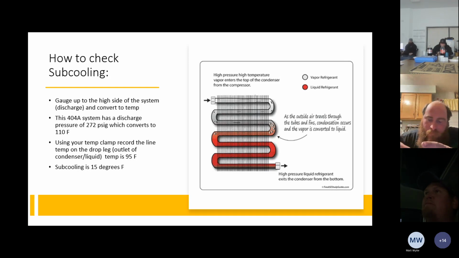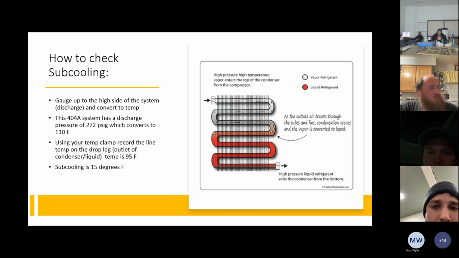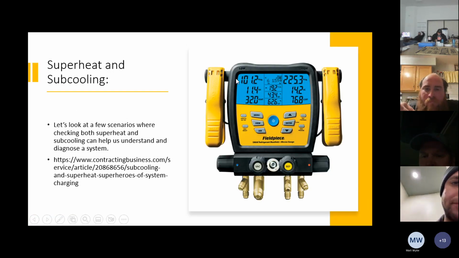But if I have a TXV, superheat is now being adjusted for. Then that's how you can tell how full you are, or what the proper charge is: you look at the manufacturer's subcooling level. But as far as that goes, it all really depends on what kind of metering device you have. And that's the reason why you check subcooling. Thank you, Larry.